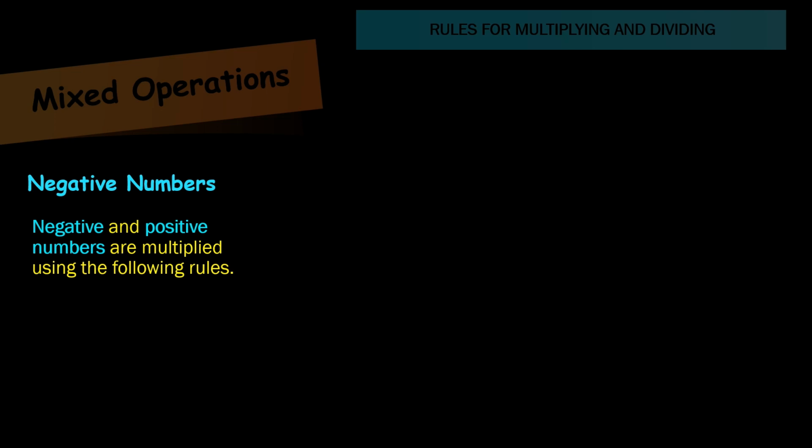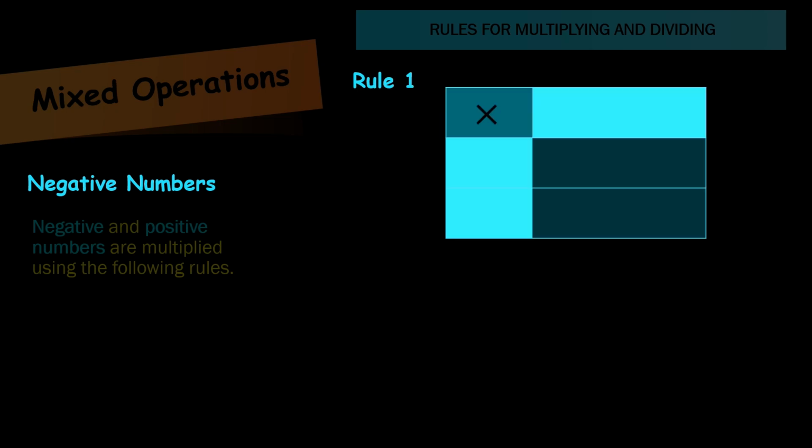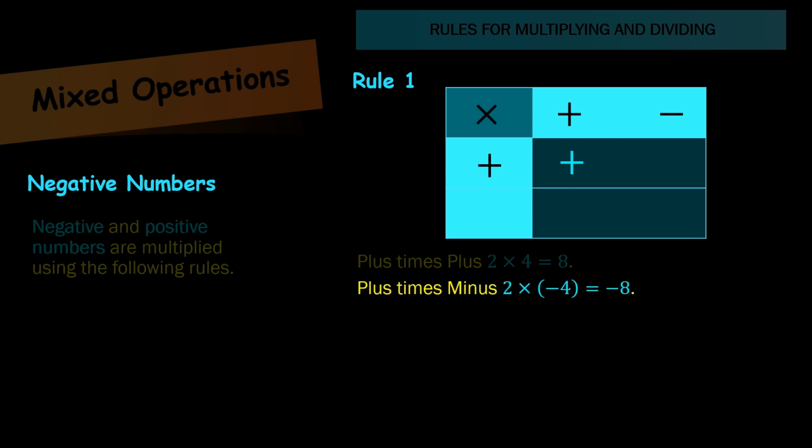Negative and positive numbers are multiplied using the following rules. Rule 1. Plus times plus, such as 2 times 4 equals 8, is plus. Plus times minus, such as 2 times minus 4, is equal to minus 8.